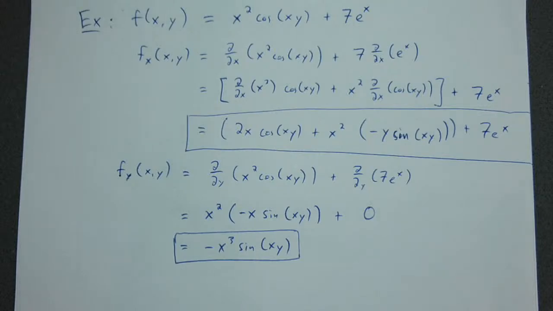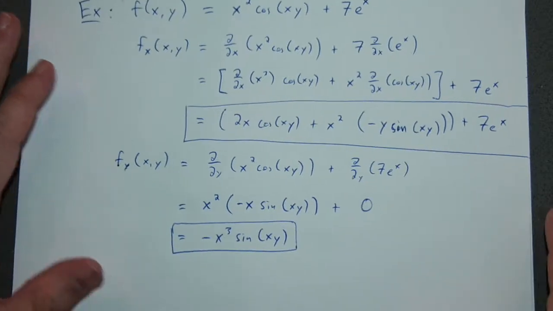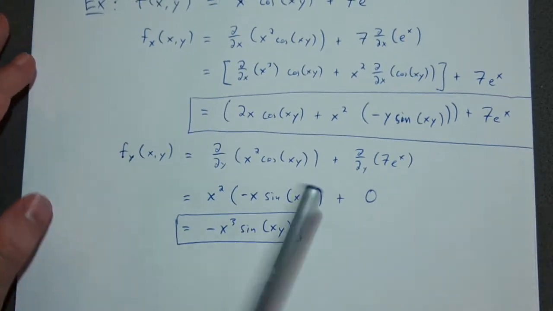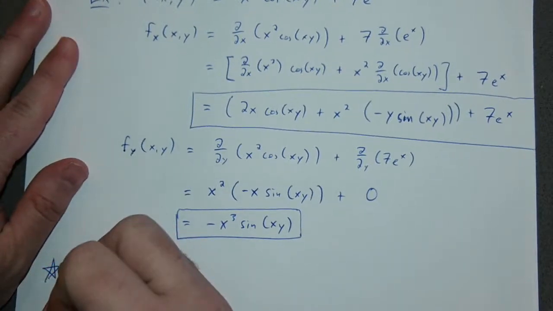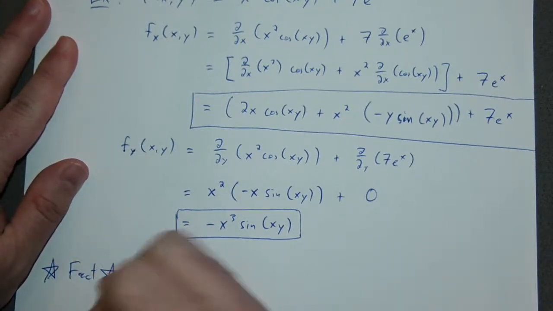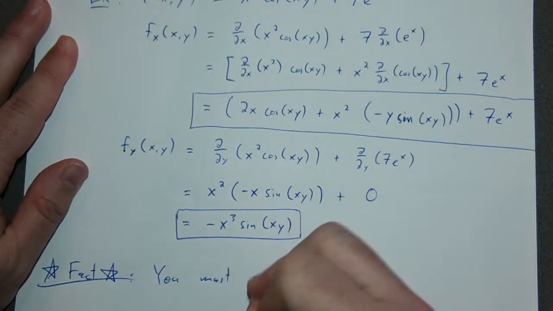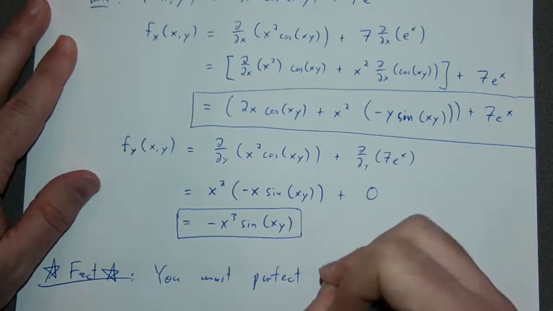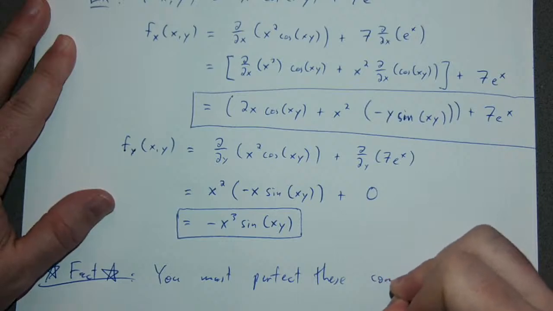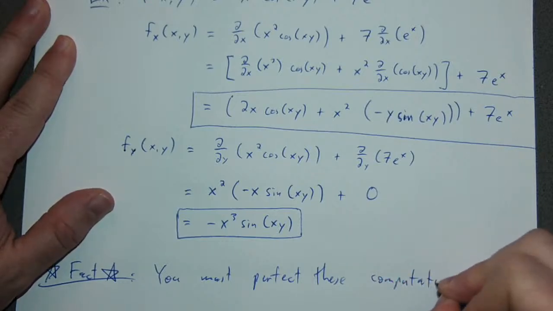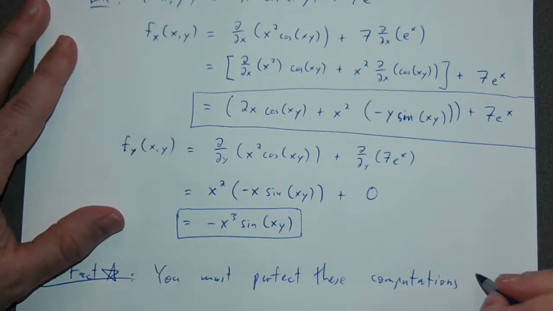I'll do a couple of examples of that, but the thing that's most important is that you are going to be doing this a ton for the rest of the entire course. So a very important fact here: you must perfect these computations because they are used in literally everything.